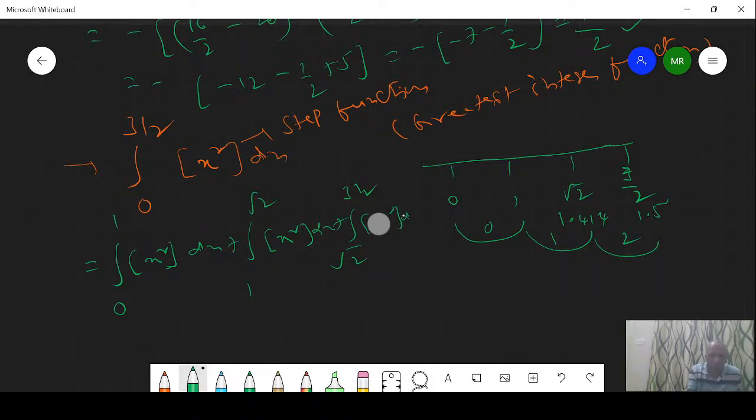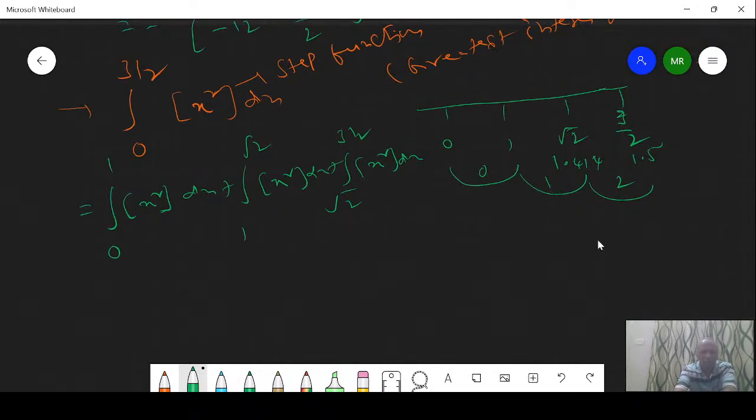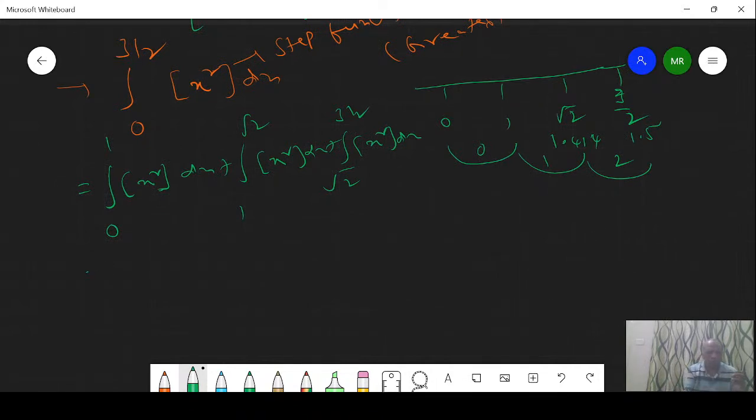This is the important concept to understand. So this equals: 0 to 1 gives 0 dx, between 1 to root 2 step of x square is 1 dx, and between root 2 to 3 by 2 it becomes only 2 dx.